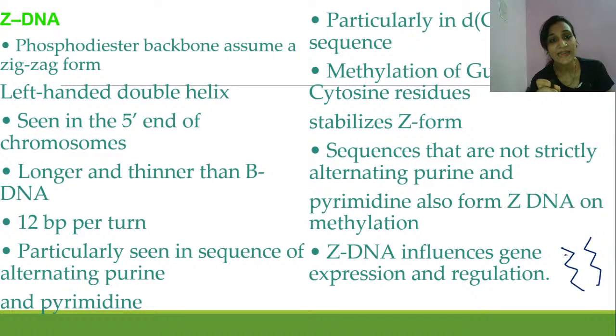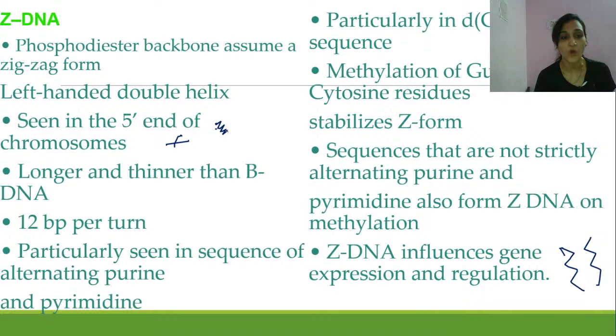So this Z coexists with B, and usually at the ends of the chromosome, that is the 5' ends, the type of bonding is in the form of Z. The 5' end of the chromosome is in the form of Z, zigzag form.